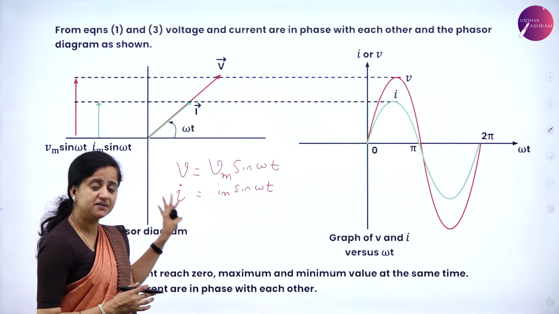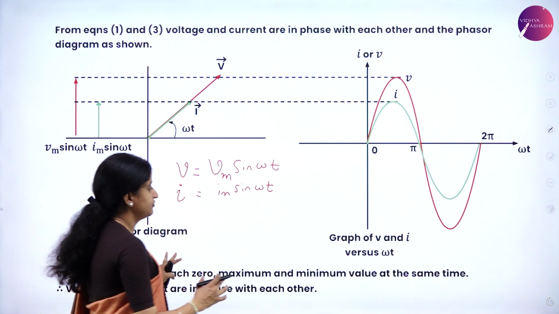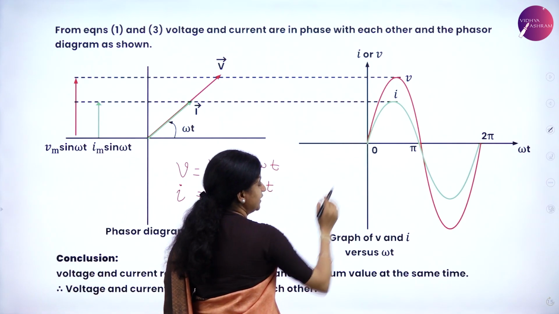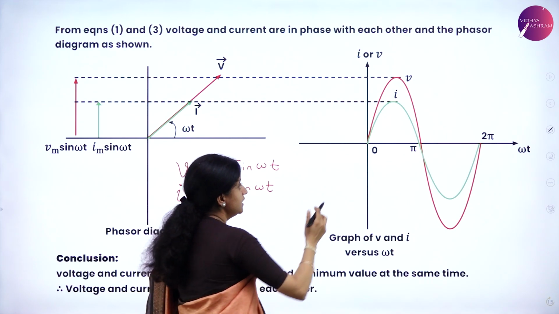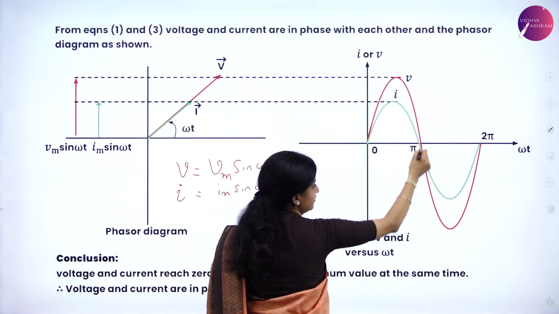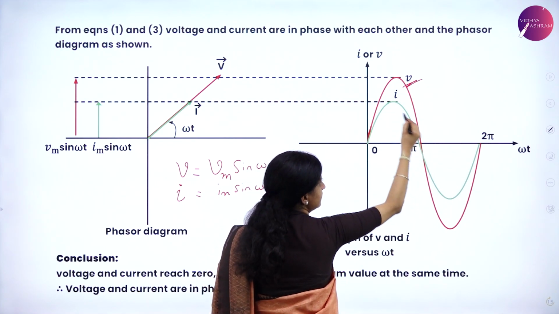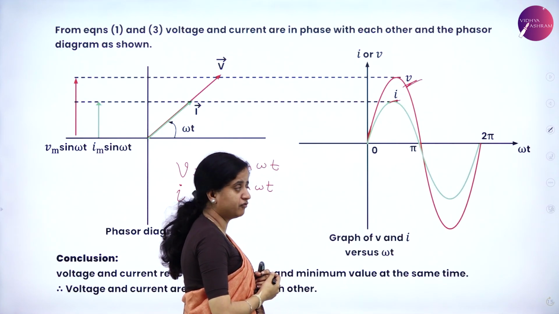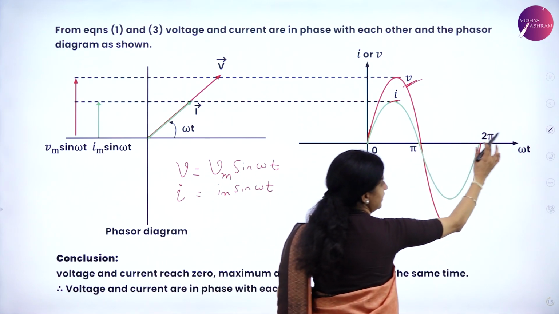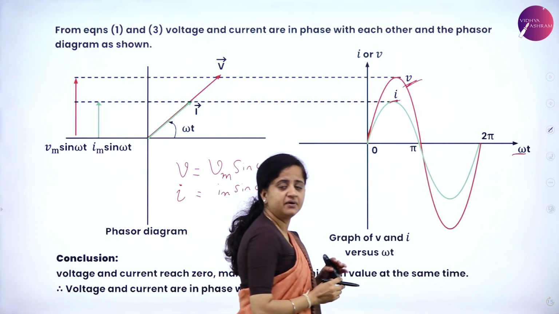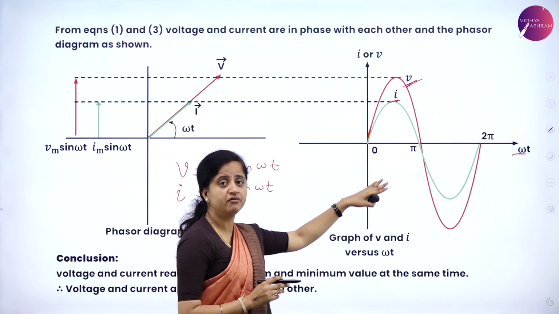Now we have to represent this in a phasor diagram. For that, let us consider the graph of voltage and current versus omega t. This is the graphical representation of the voltage signal, and the green line you can see here is the current waveform. They vary with respect to time with an angular speed of omega.